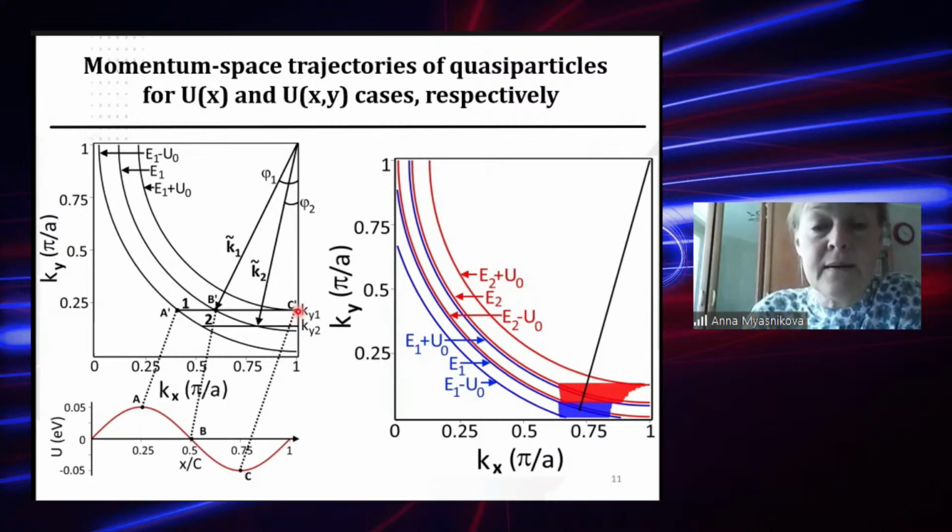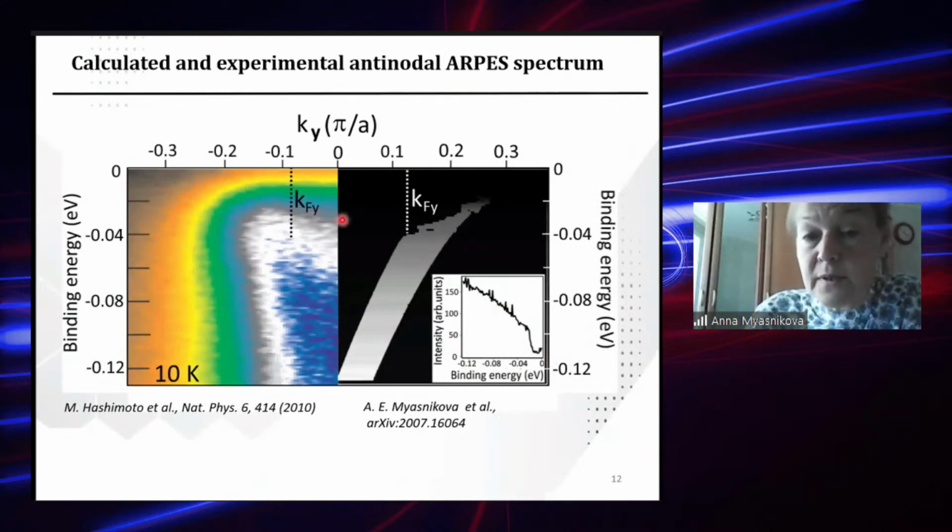If we catch the photoelectron with momentum near the antinode, we will see that it has not the energy which corresponds to this momentum according to dispersion, but an energy which is lower by the amplitude of the charge ordering potential. To construct the angle-resolved photoemission spectrum, we take the cross-section of this momentum space trajectory for permitted quasi-particles and put them into the corresponding place in this diagram.